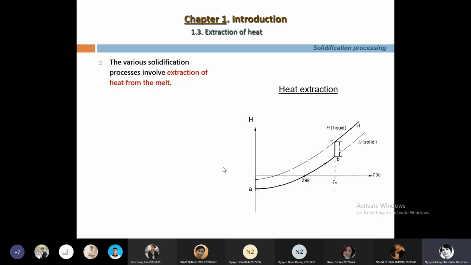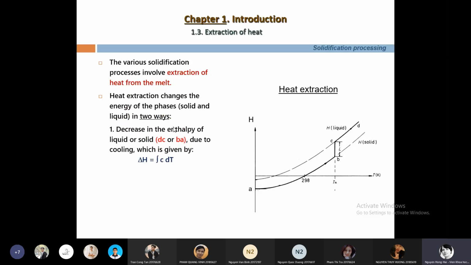The solidification can proceed, and there are two ways to extract the heat from the melt. The heat extraction changes the energy of the phases. There are two ways. First, the decrease in the enthalpy of the liquid or solid due to cooling.